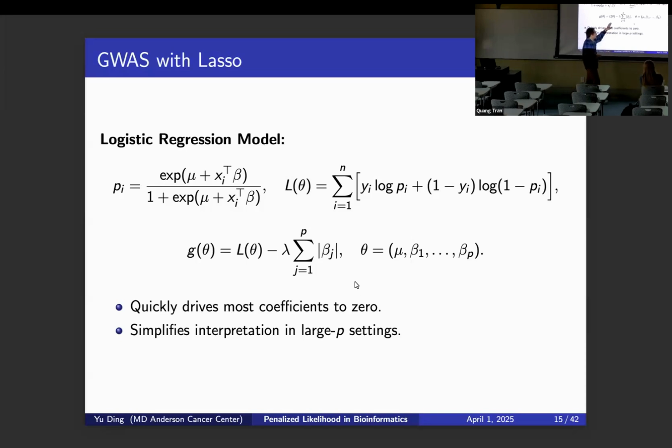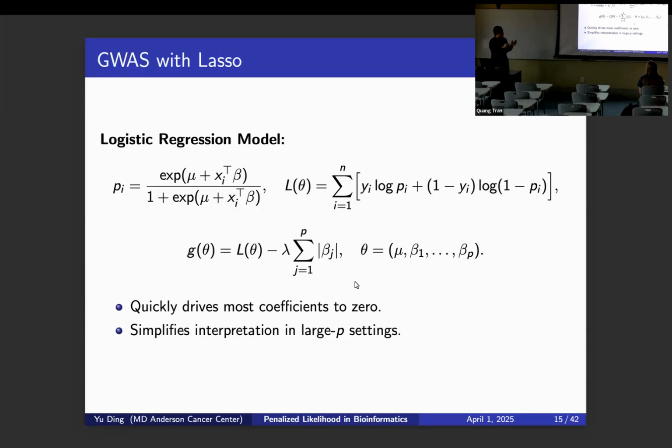We only put the lasso penalty on all of the p betas inside the coefficient space. We neglect mu because in this case mu is always treated as a baseline and we do not care about it.